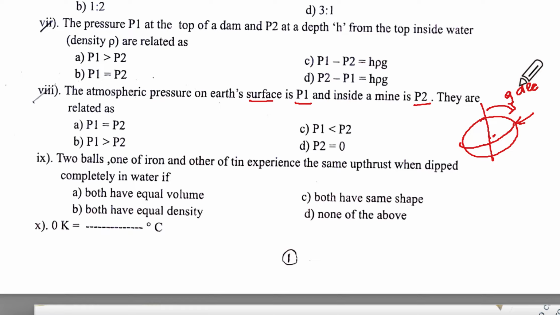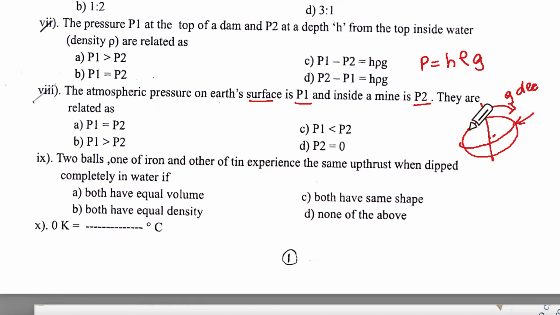Pressure is not connected with g, right? Pressure is going to be equal to H rho g.